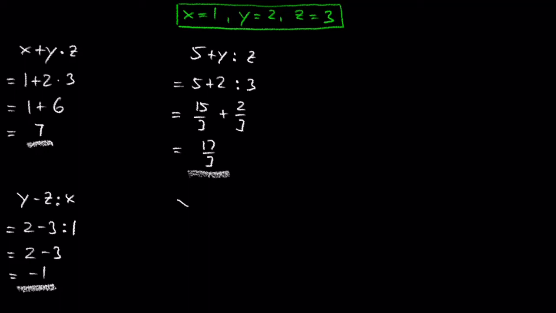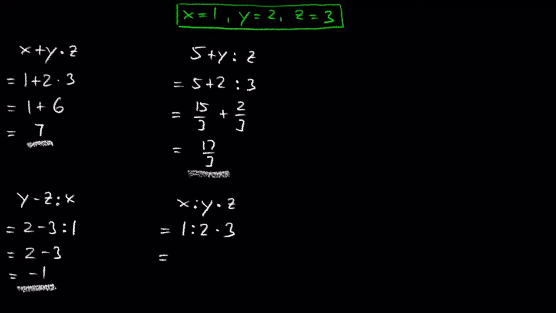X divided by y times z is equal to 1 divided by 2 times 3. Here we have division and multiplication. The rule is to calculate whichever comes first. So let's calculate from left to right and do the division first. Doing the division first means we can write the division as a fraction.